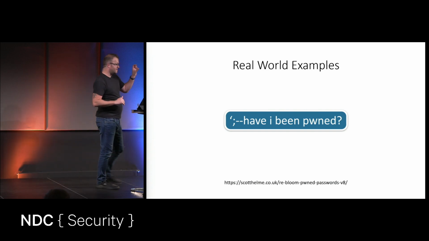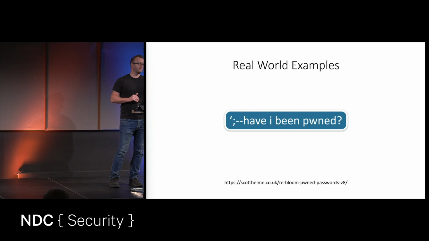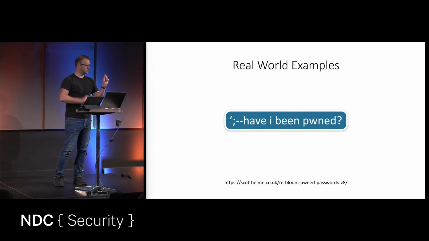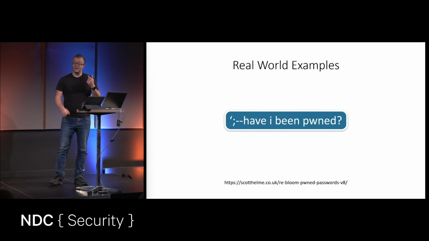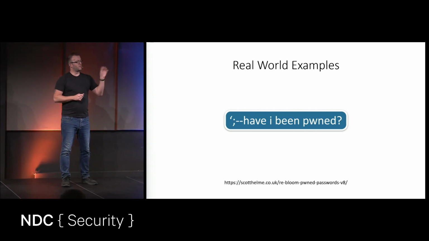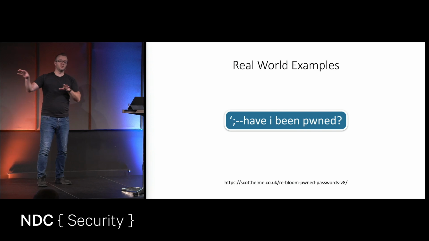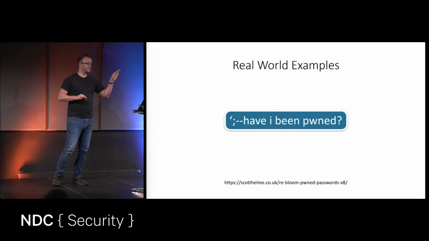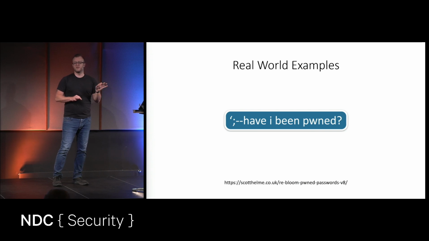And now we have a couple of gig filter in memory, and when you give us a password to try and register, we check it against the Pwned Passwords data and say, have we seen this password before? Now the false positive rate when we do this is 1 in 100 million. So if we have 100 million users register, we will only tell one of them that their password has been previously seen by accident and prevent them from using it.